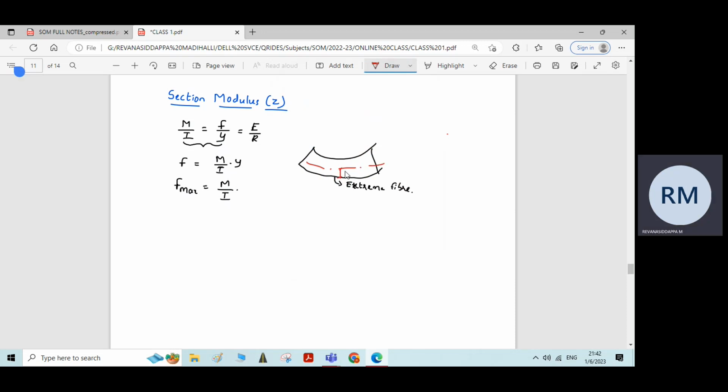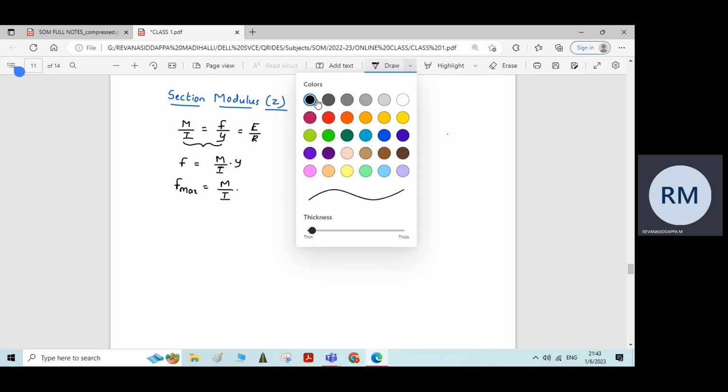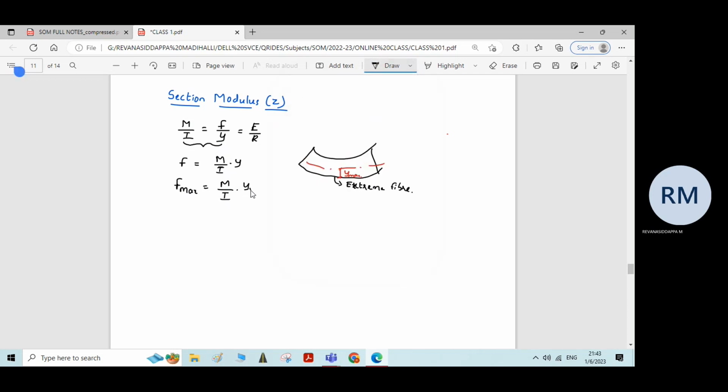Let us consider it as Y max. I will rewrite this Y as Y max. Now M becomes equal to I divided by Y max into F max.